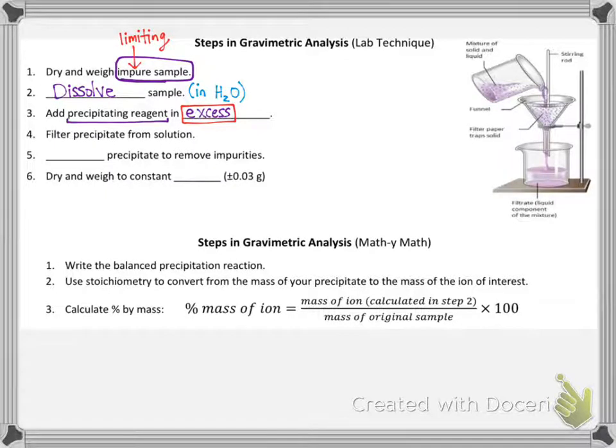After we've had that reaction, now we need to filter the precipitate. We need to remove it from solution. So that's what this image is showing over here. What you start off with is your mixture of solid and liquid, right? This has your precipitate, but it's also mixed up with the aqueous ions. And you're gonna pass that liquid through a funnel with a piece of filter paper in it.